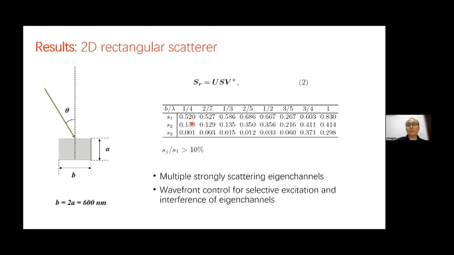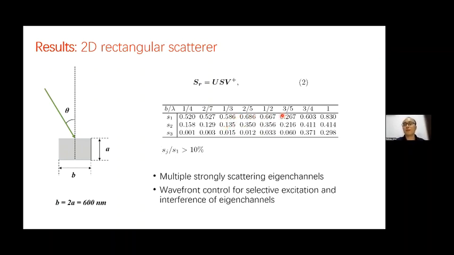From this result, we see at a single frequency, there are actually more than one scattering eigenchannel. For clarity, we define a strongly scattering eigenchannel if its eigenvalue is larger than 10% of the first eigenvalue. Then we see in the low frequency range, there are at least two strongly scattering eigenchannels.